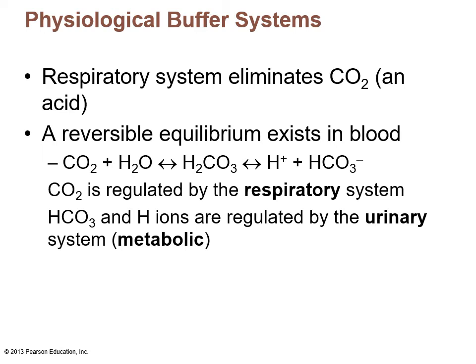So physiological buffer systems. The respiratory system eliminates CO2. So the respiratory system controls CO2, which contributes to acidity. Now, there is this reversible equilibrium that exists in the blood. This equation should look really familiar because we've had this several times now.